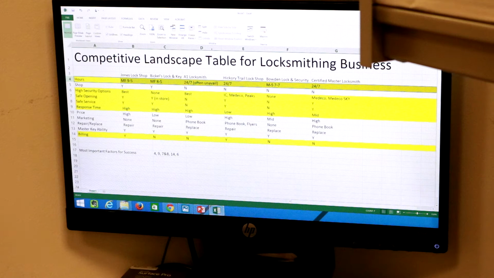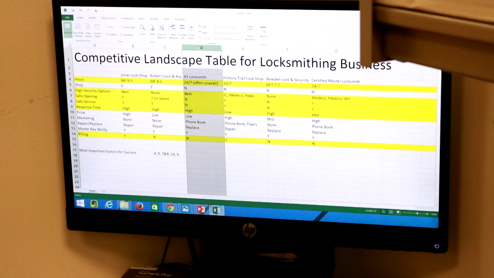A1 Locksmith here claimed to be a 24-hour operation, but because it was a one-man operation, when he didn't feel like working, he just didn't pick up his phone. And as a result, people who used him and people who used these other companies with limited hours, if they needed something done at 11 o'clock at night, couldn't get a hold of their regular locksmith. So they eventually got a hold of one of the 24-hour locksmiths.